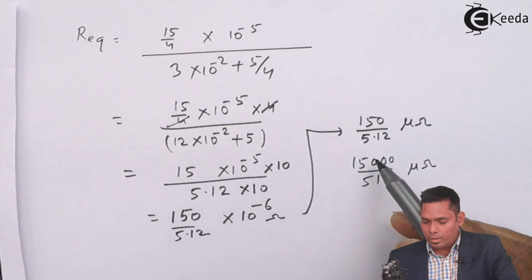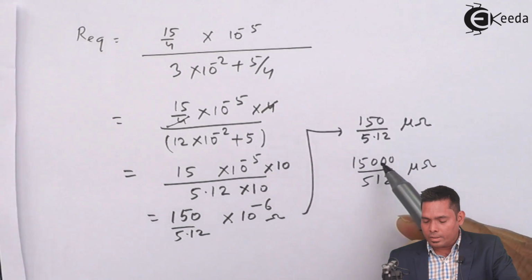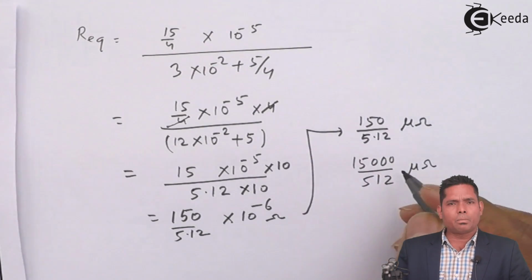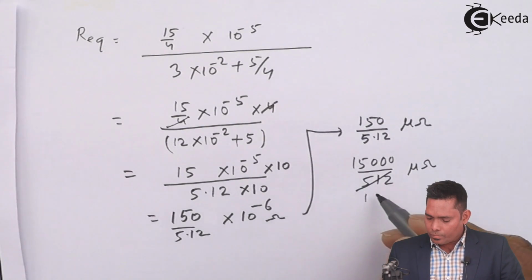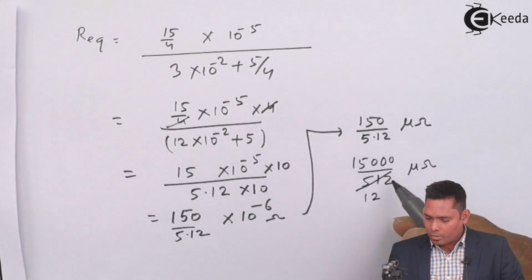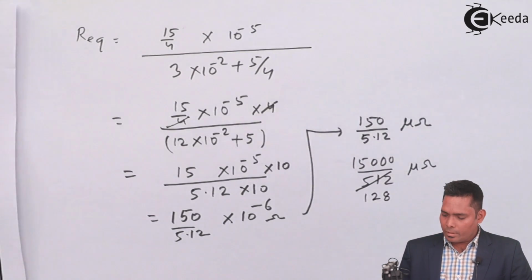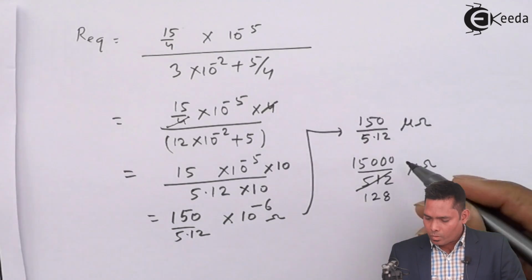4 1s are 4, 4 2s are 8, 4 3s are 12, 4 6s are 24, 4 7s are 28, 9 to 12. Okay, this will be divided by 4. So 4 1s are 4, 4 2s are 8, 4 8s are 32.